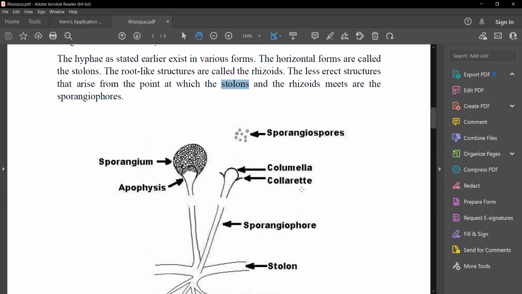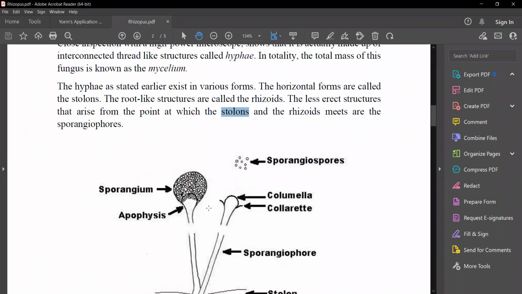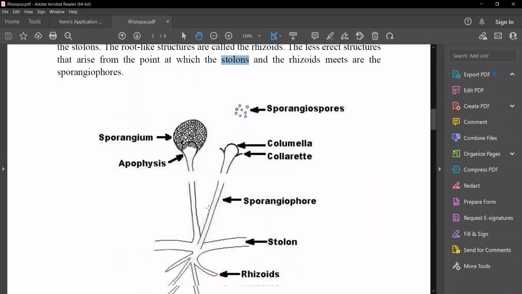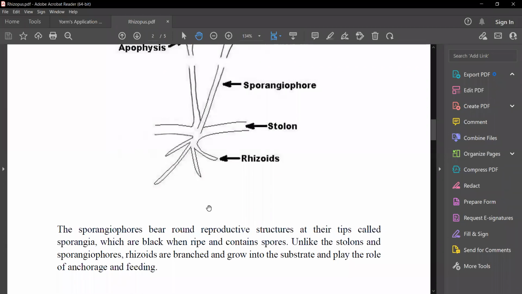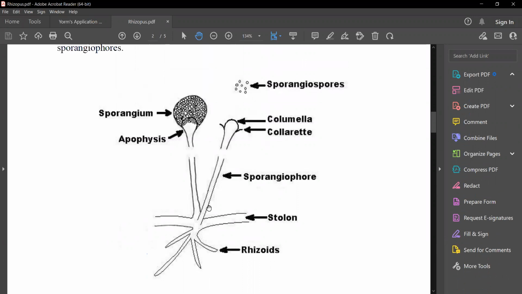Are we good? Now, at the tips of these sporangiophores is something we call the sporangium, that's for single, and then plural would be sporangia. So that's about the morphology. Now, the sporangiophores bear round reproductive structures at the tips called sporangia. And these sporangia, most of the time, when they mature, bear spores.